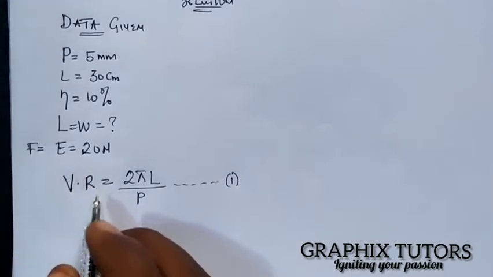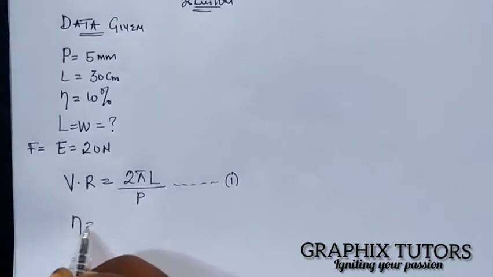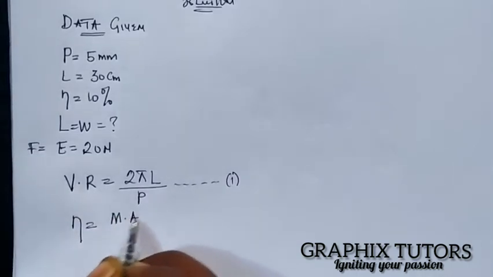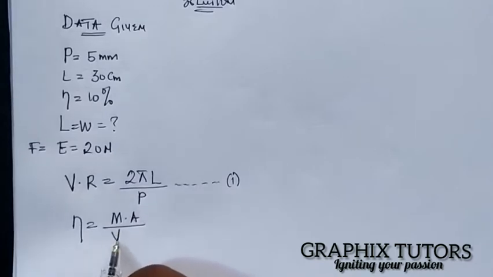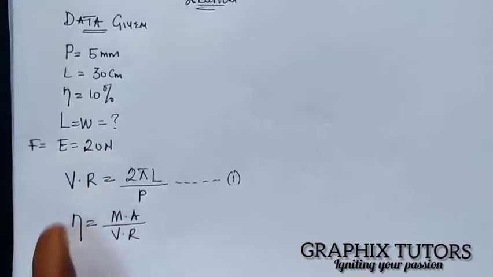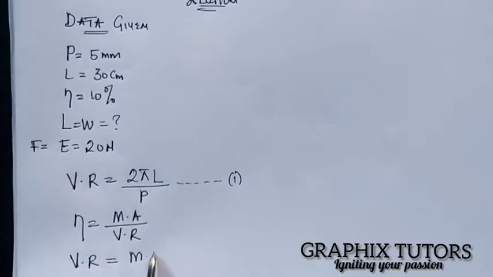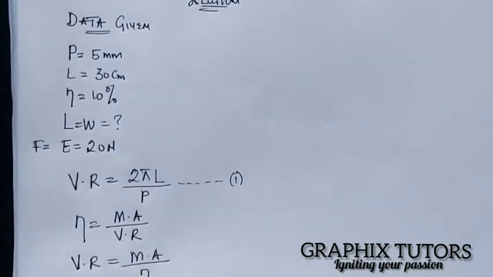And we know pretty well that we are not given the velocity ratio, so we need to eliminate the velocity ratio here. You now recall that our efficiency is equal to what? Mechanical advantage all over what? Velocity ratio. Now, if I make velocity ratio the subject, I'll have velocity ratio is equal to what? Mechanical advantage all over what? Efficiency.